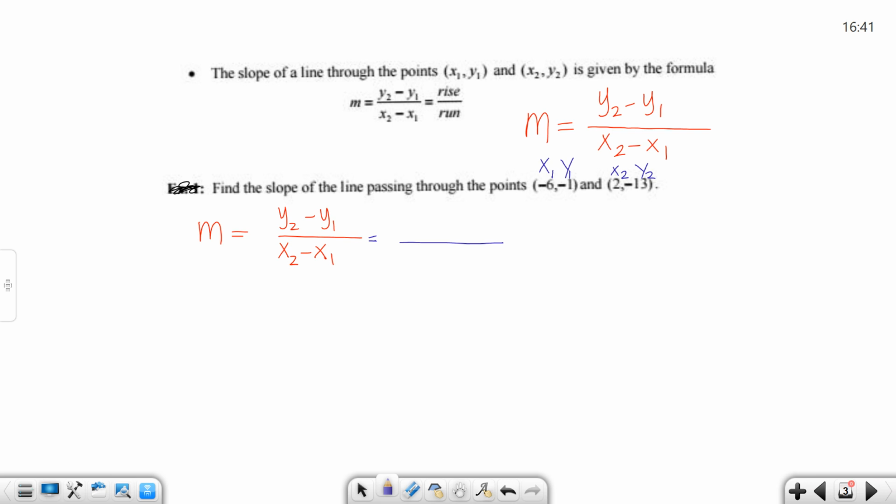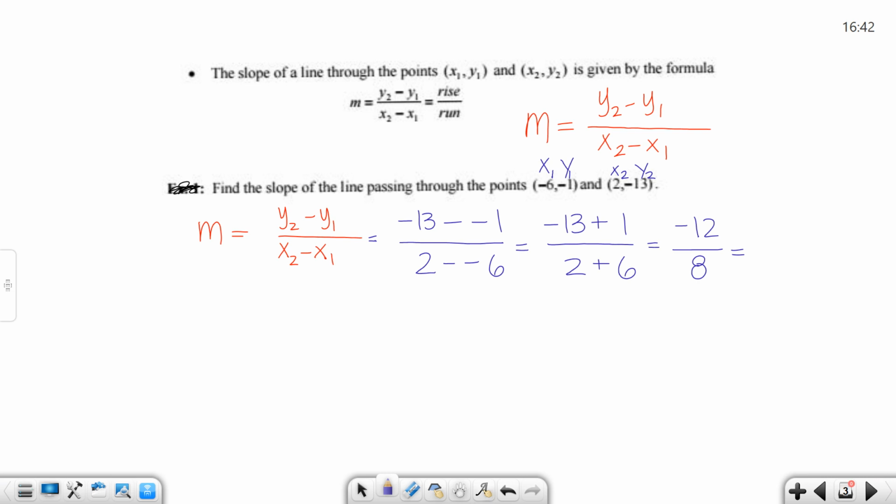So your y2 is actually negative 13 minus, because minus is what's in the formula, y1 is negative 1. x2 is 2 minus x1 is negative 6. Now if I clean up these double negatives, on the top, negative 13 plus 1 is a negative 12, and on the bottom, 2 plus 6 is 8.